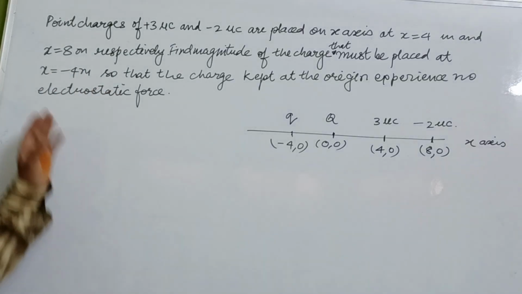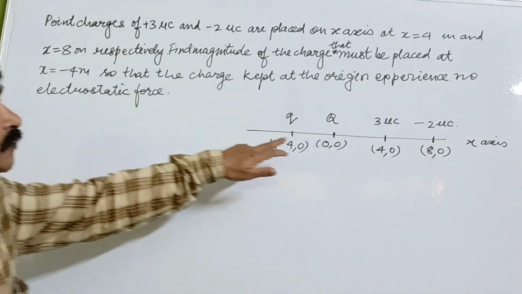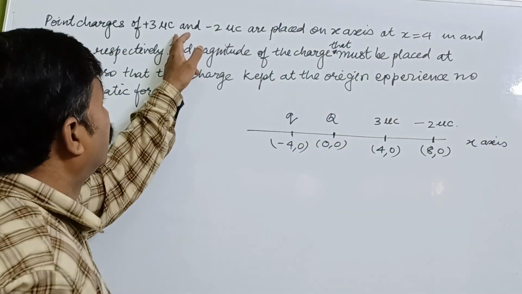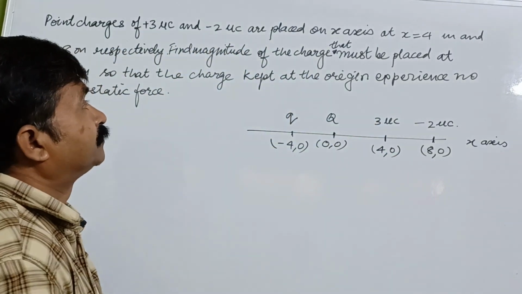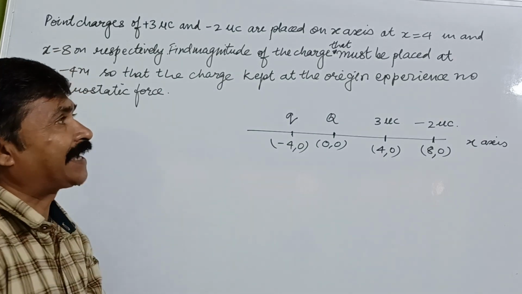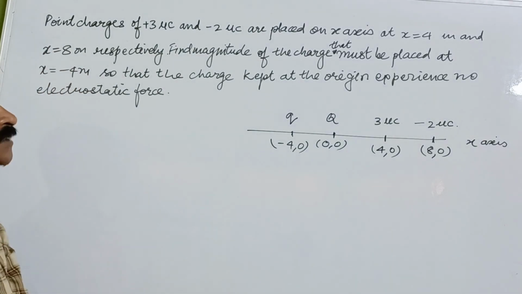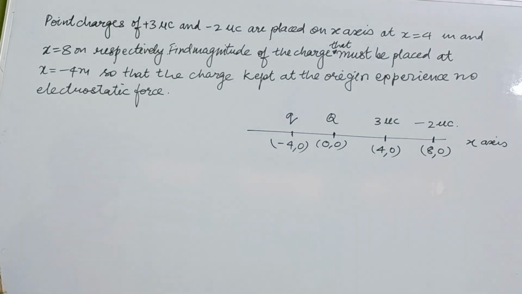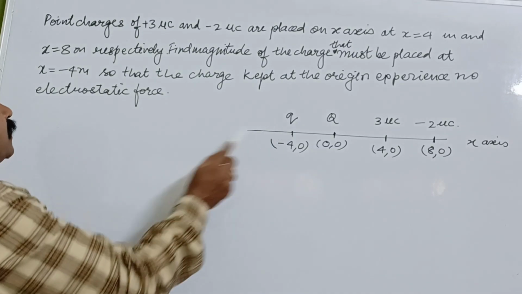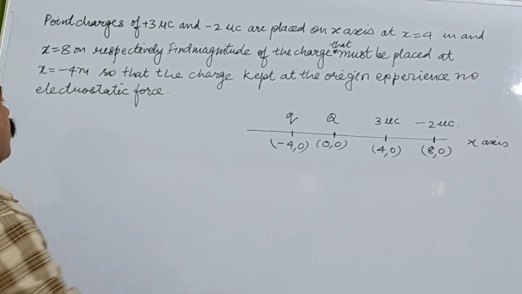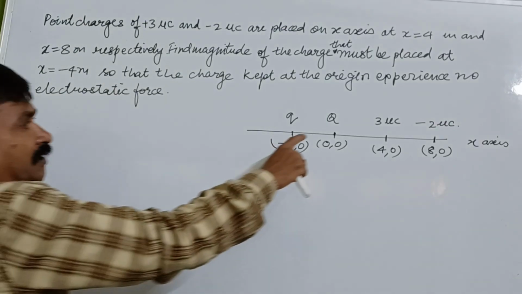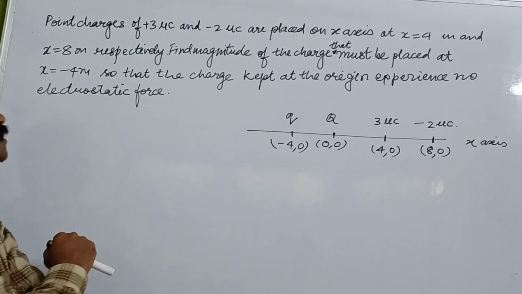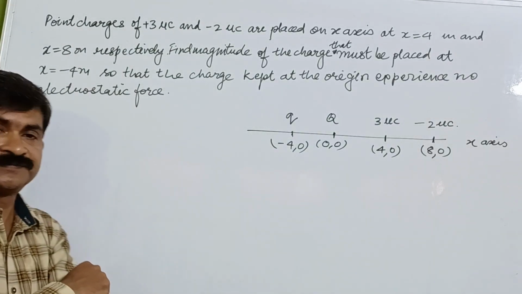Now a simple question: point charges of 3 microcoulomb and minus 2 microcoulomb are placed on the x-axis at x equal to 4 meter and x equal to 8 meter respectively. Find the magnitude of the charge that must be placed at x equal to minus 4 meter so that the charge kept at the origin experiences no electrostatic force.